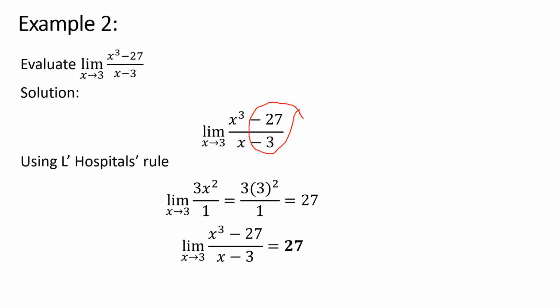So what we need to do is to subject this x cubed to a derivative, then this x to a derivative also. So in taking the derivative of this x cubed, you're going to subtract 1 in your exponent, so that will be x cubed to x squared there.